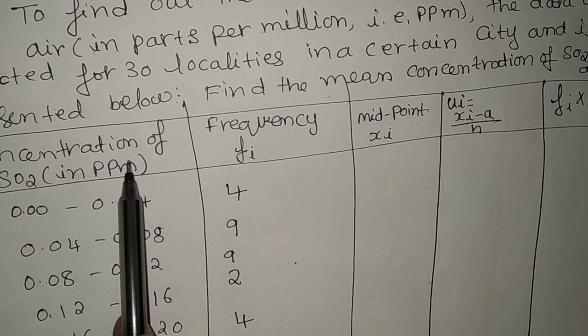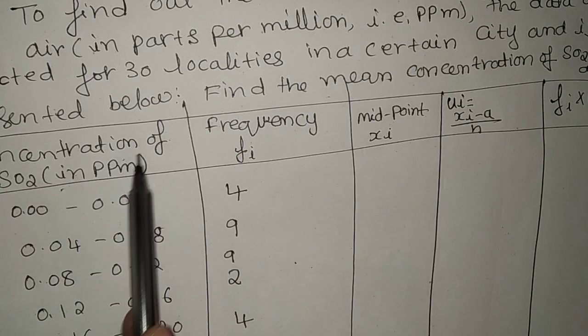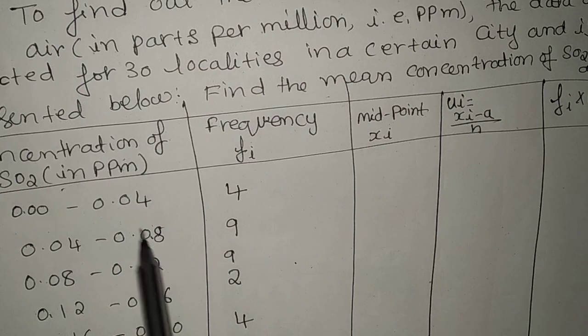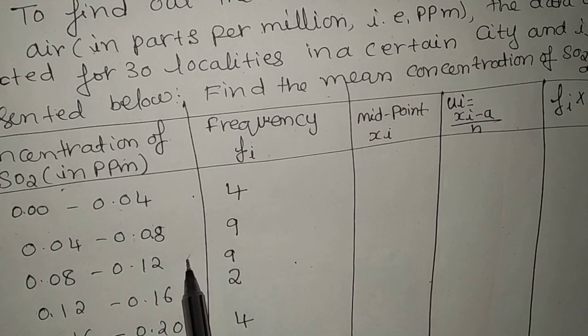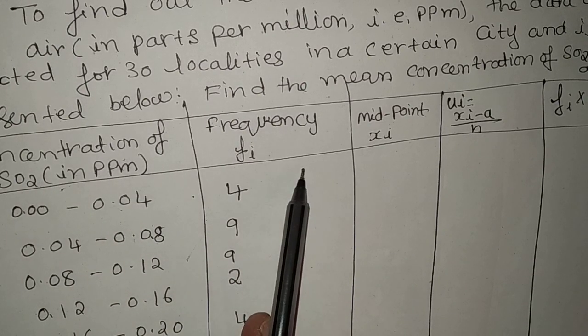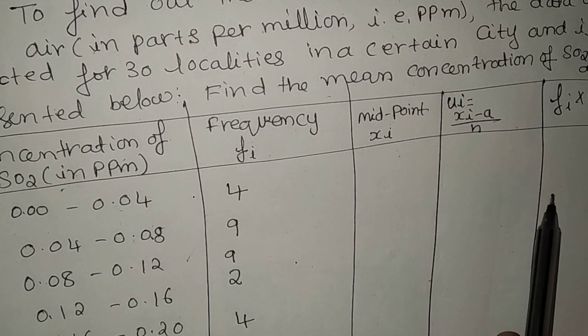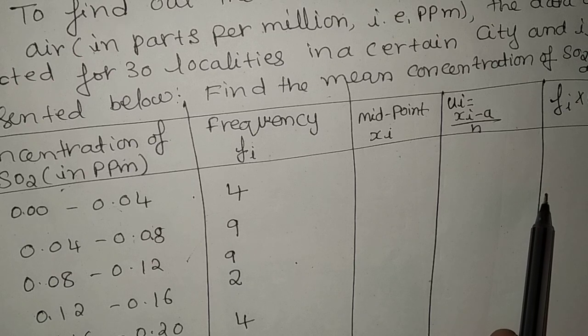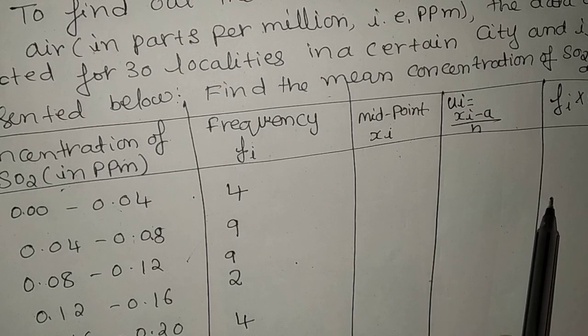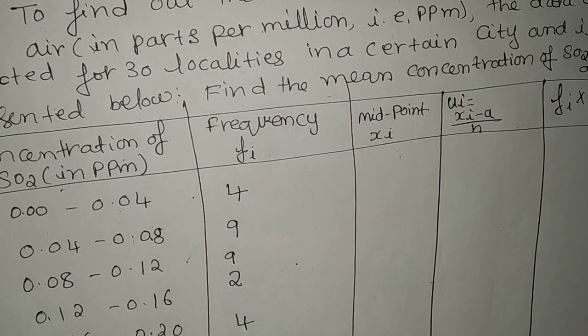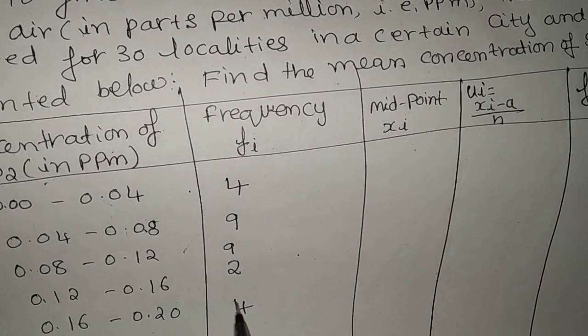So now, concentration of SO2 in ppm is given and also frequency is given. We have to find the midpoint xi and fi into ui. So next part is finding the midpoint.